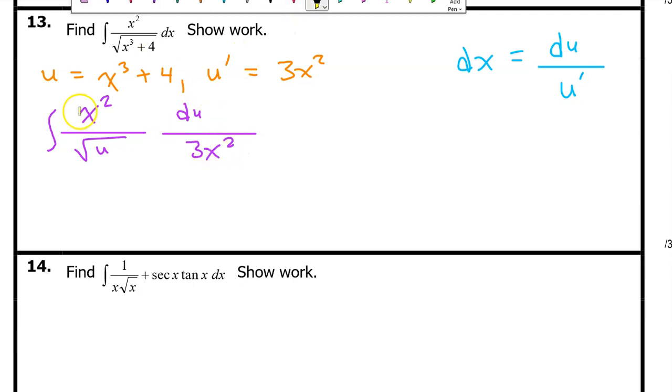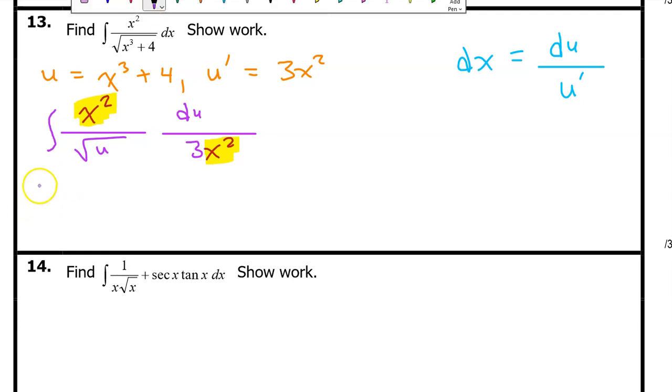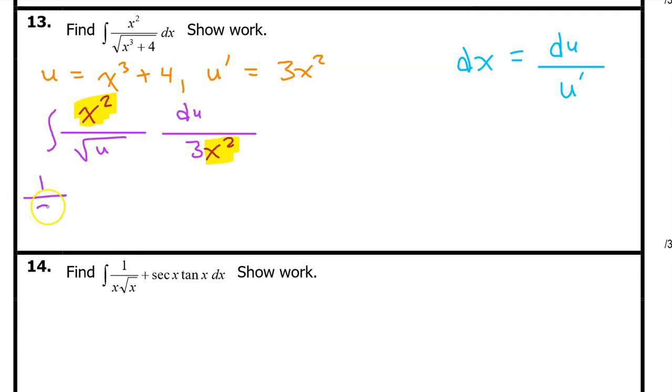Notice that the x squared in the numerator will cancel out the x squared in the denominator. This 3 in the denominator can be brought all the way out to the front as a 1/3. So on the next step, we will have 1/3 times the integral of 1 over the square root of u.